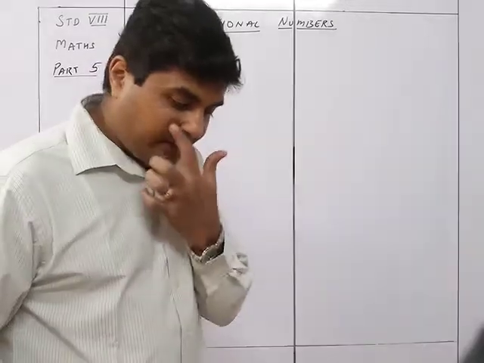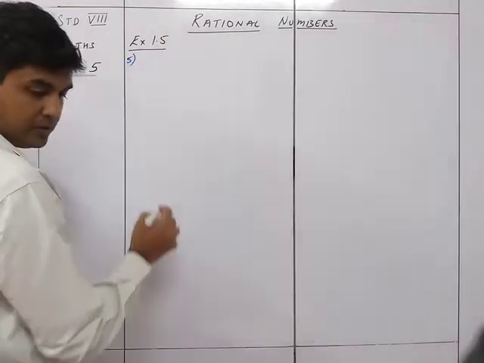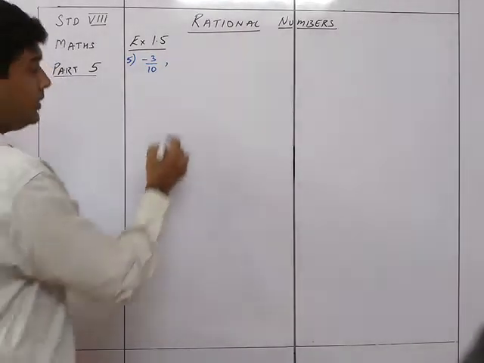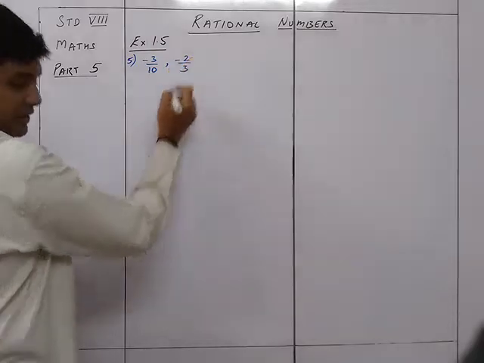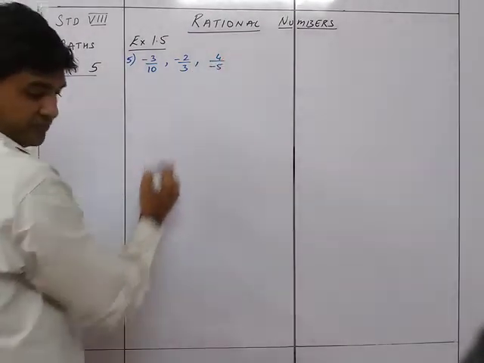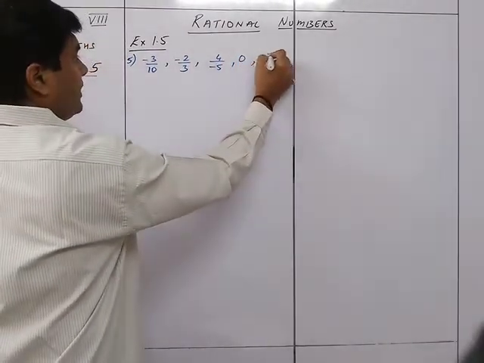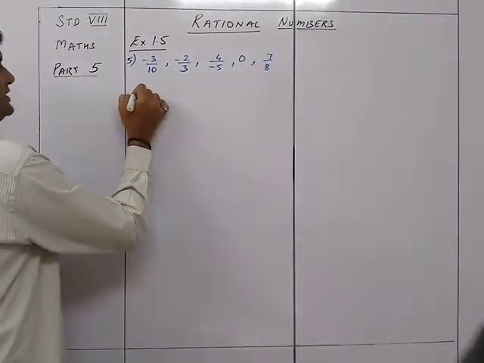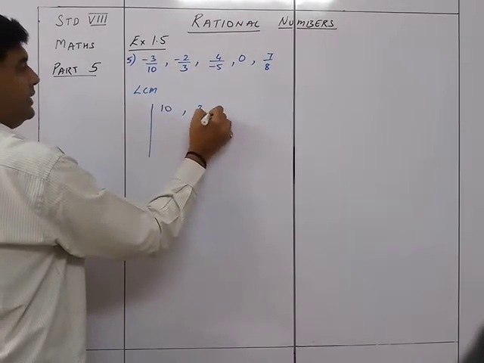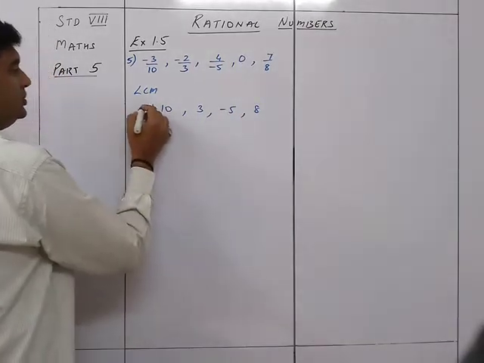Arrange the following numbers in descending order. So question number 5, descending order, same way. It is minus 3 upon 10, minus 2 upon 3, minus 4 upon 5, 0 and 7 upon 8. So the LCM will be of 10, 3, 5, 8. 0 is not needed.